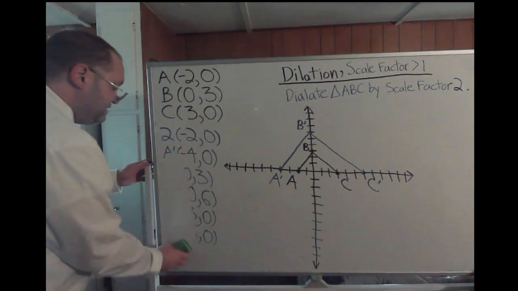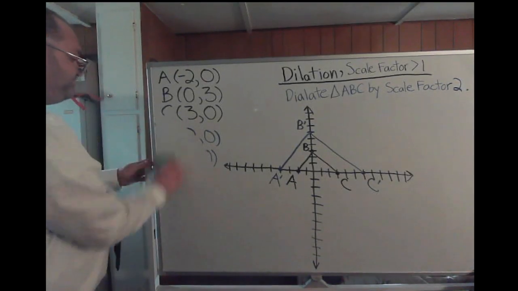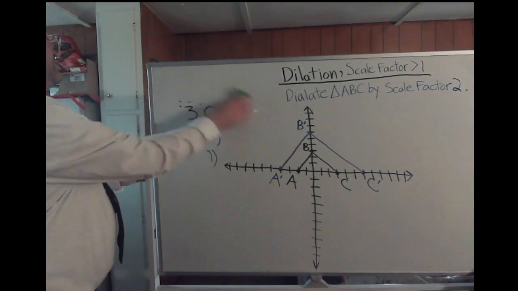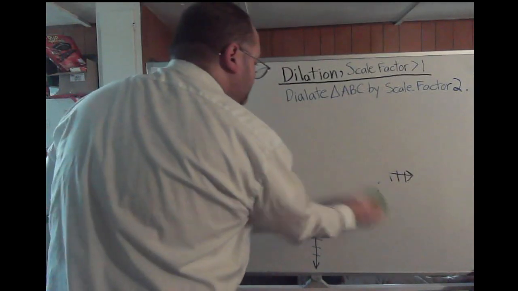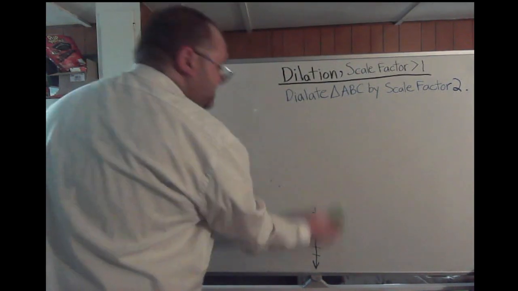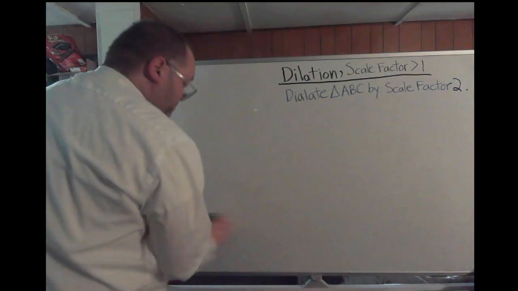Now let's talk about some shrinking here. Let's do some shrinking. So dilations have been if your scale factor is greater than 1.